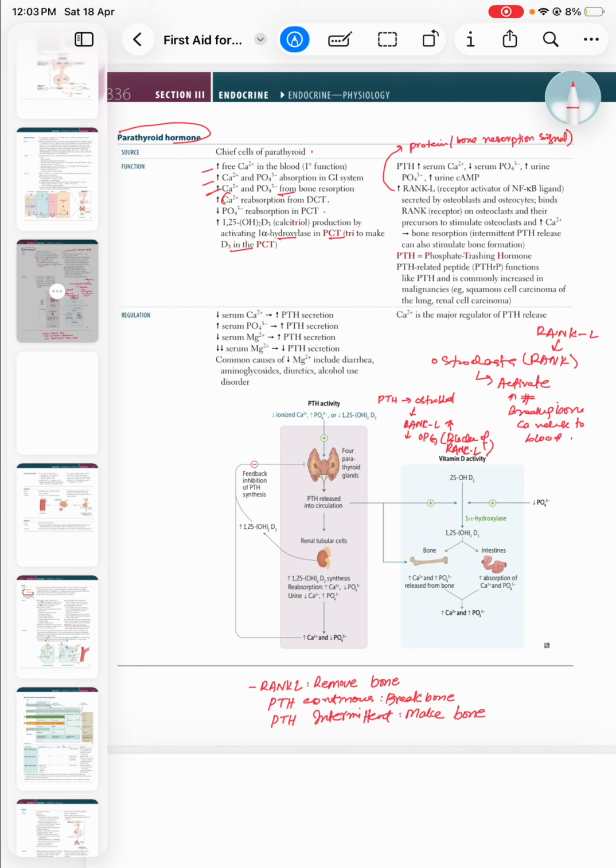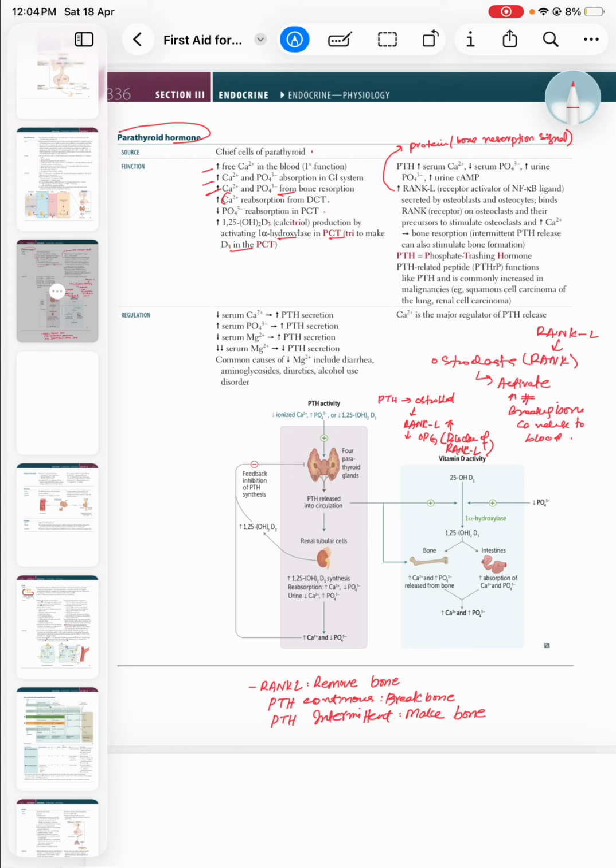Then the absorption of calcium from the distal convoluted tubule is increased by parathyroid hormone, and the decrease of reabsorption of phosphate from the proximal convoluted tubule is done by parathyroid hormone. Also, the 1,25-hydroxy D3 calcitriol production by activating 1-alpha hydroxylase in the PCT, the proximal convoluted tubule, is done by parathyroid hormone. These are the normal functions of the parathyroid hormone.